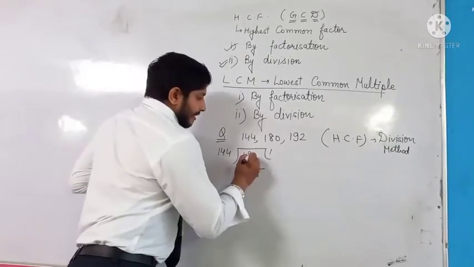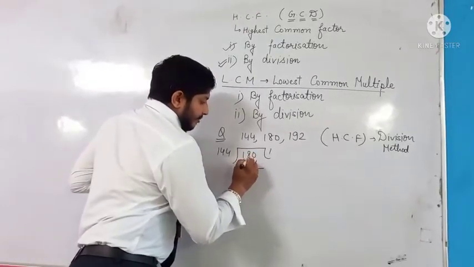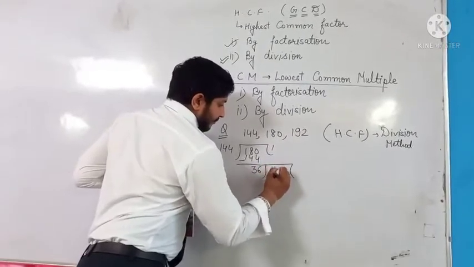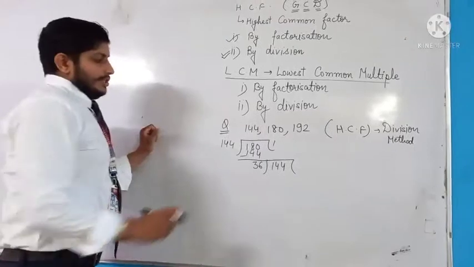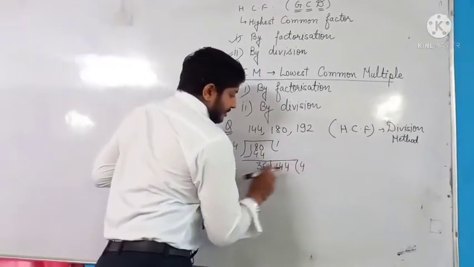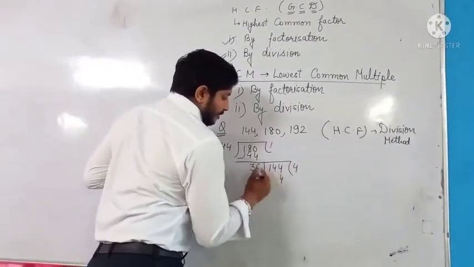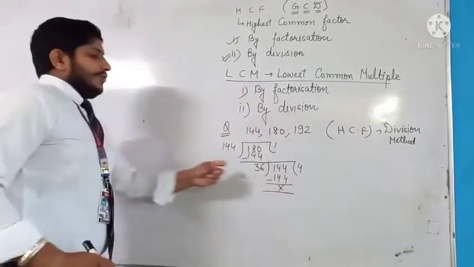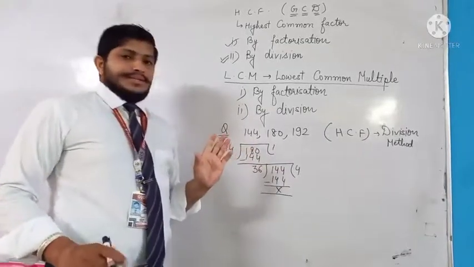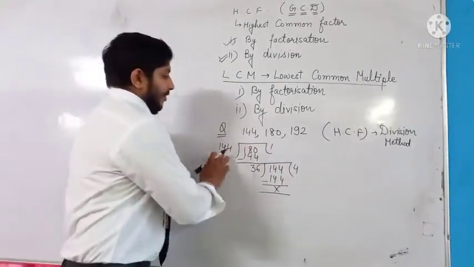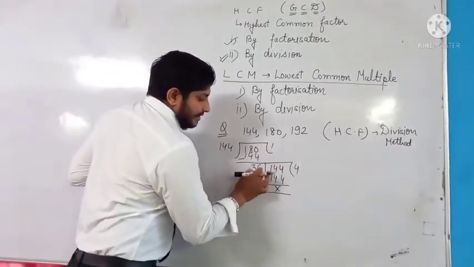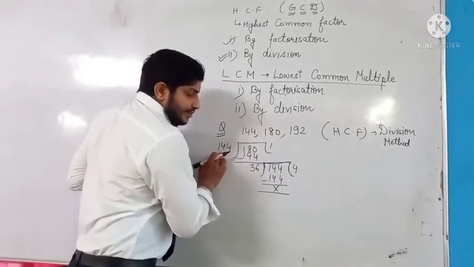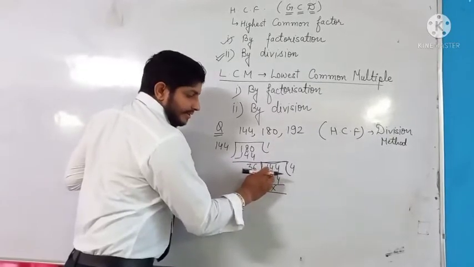Then 180 minus 144 is 36. Then 144 divided by 36: 36 4 times is 144, so 144 is completely divisible by 36. Again I repeat, 144 1 times 144, subtract, 36.